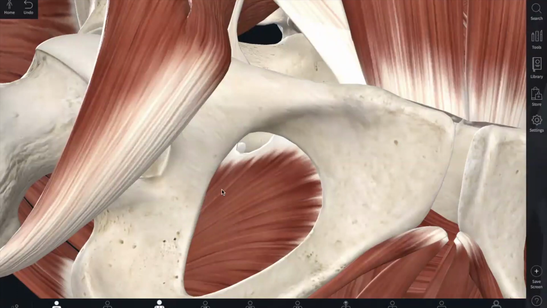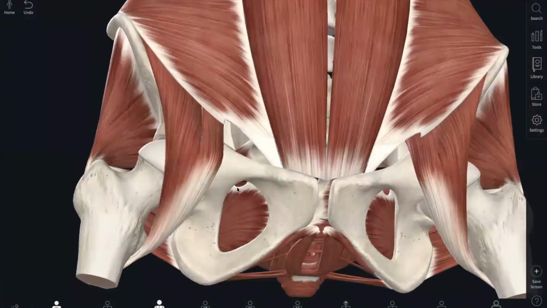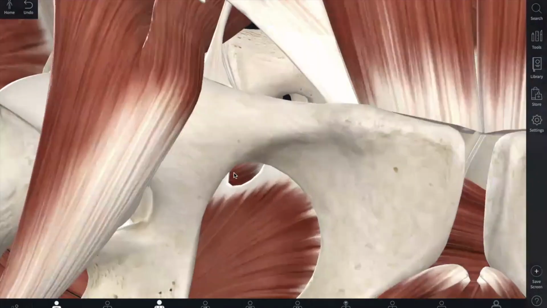And they course all the way from the pelvis to the areas of the inner leg, down here, or the gluteal region behind. Issues can happen here when there's neuropathy, when stuff is compressed. Again, we'll get to clinical later.